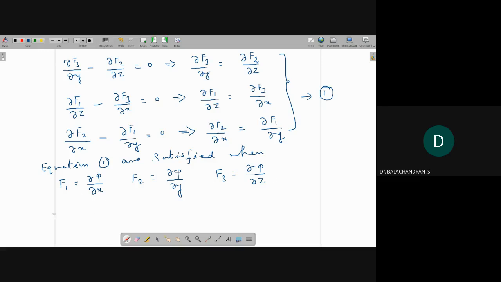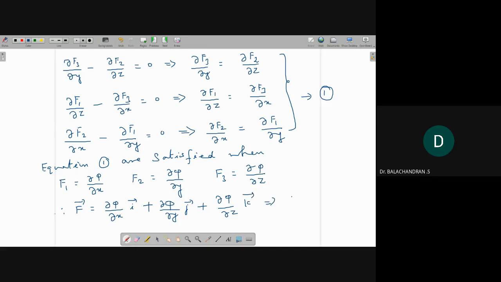So this implies we have F vector equal to F1, which is ∂φ/∂x, into i vector, plus F2, which is ∂φ/∂y, into j vector, plus F3, which is ∂φ/∂z, into k vector.